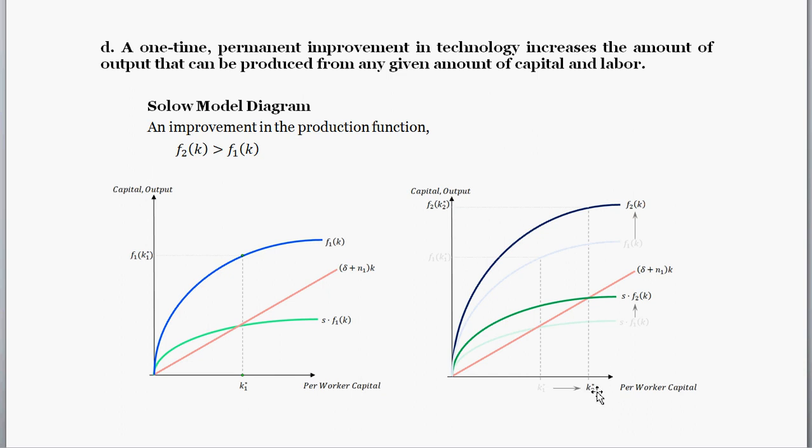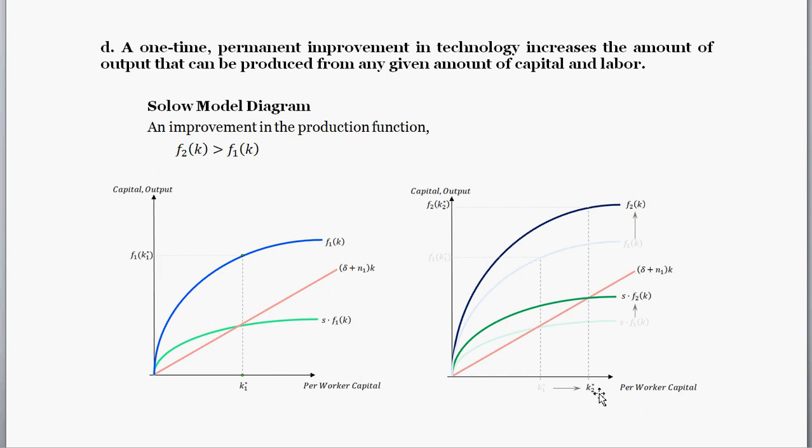So we have this higher level of capital per worker, but we also have a higher production function. And so you have the double effect, right? Where before, when we shifted from one steady state level of capital to another, we were basically moving along our production function. Now we're not only going to this new level of capital per worker, we're also jumping up to a new production function.